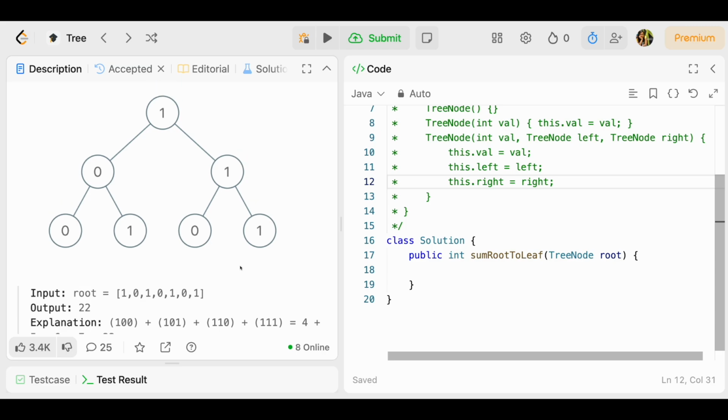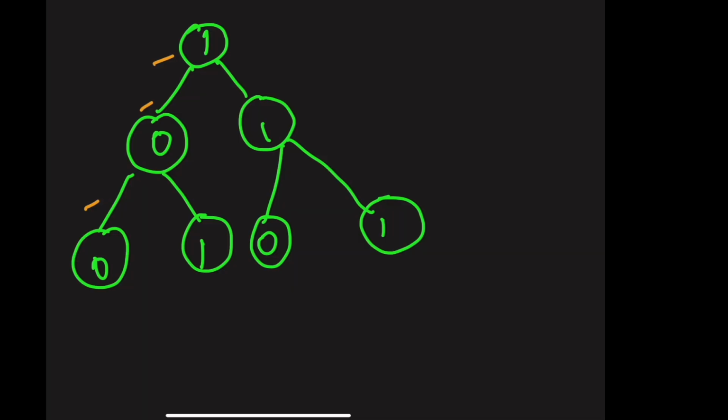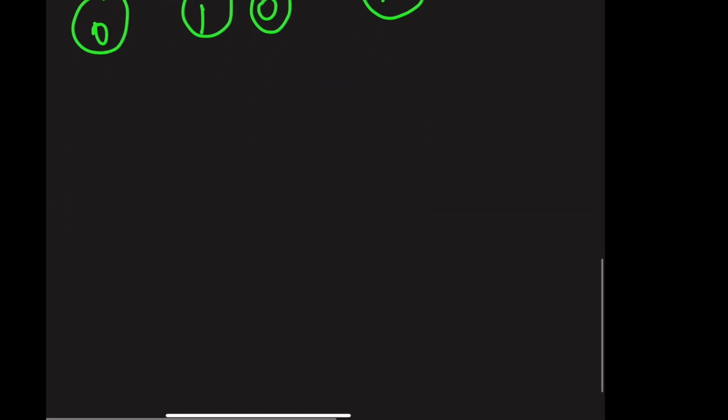There is a concept which we need to understand to solve this question, which will make this question much easier. So let's understand this concept. Whenever we do a left shift of the binary digits, it gets multiplied by 2. Suppose we have this in binary, which represents 1.